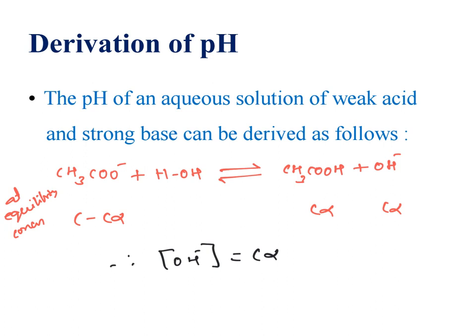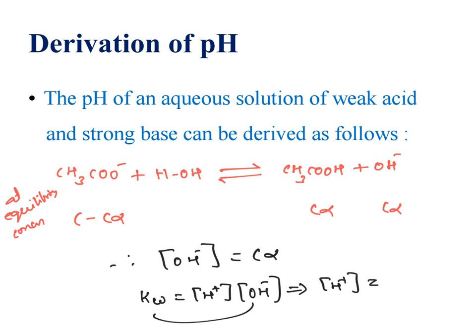We know that Kw equal to the concentration of H plus into OH minus. So I am writing this in this fashion: concentration of H plus equal to Kw by OH minus ion concentration. Let's take this as equation 1, and this as equation 2.